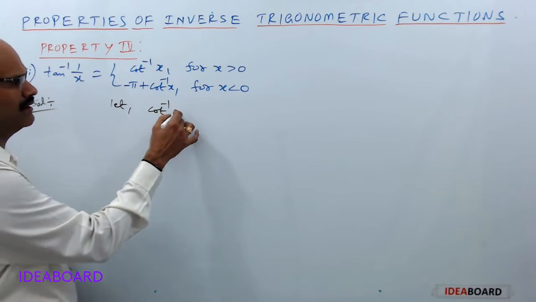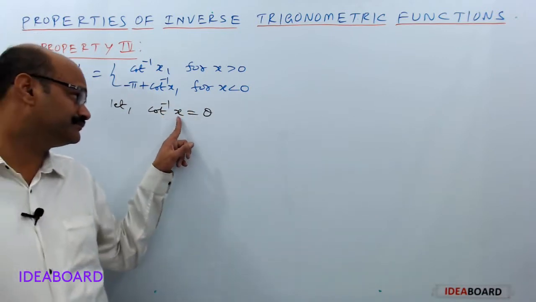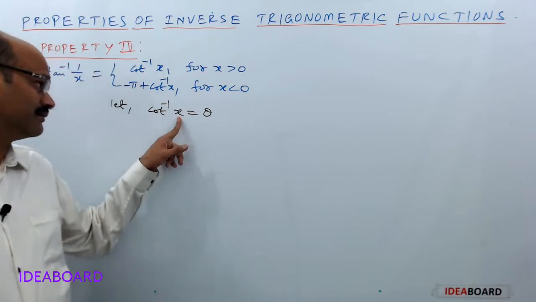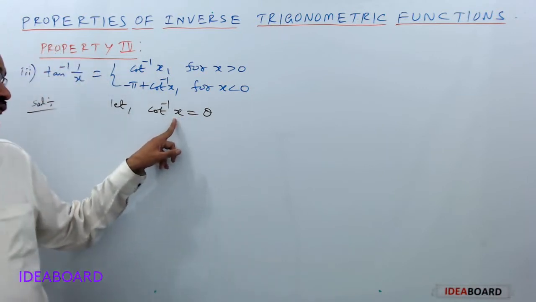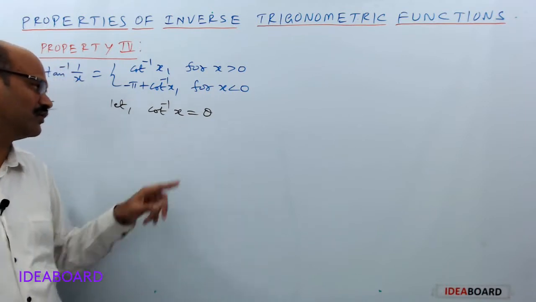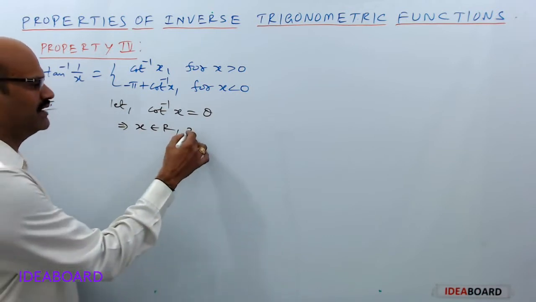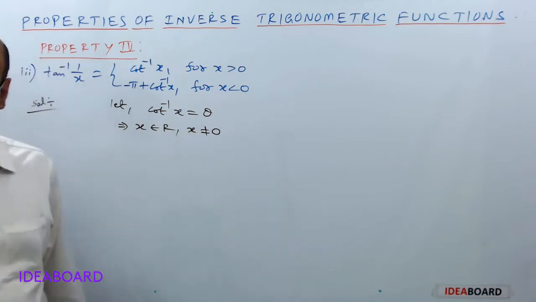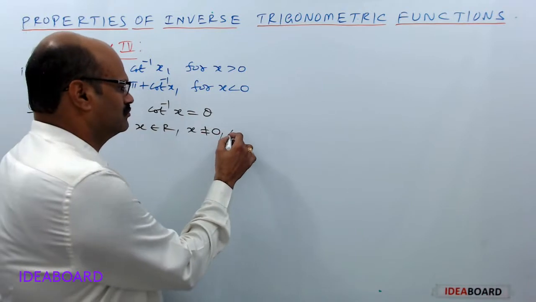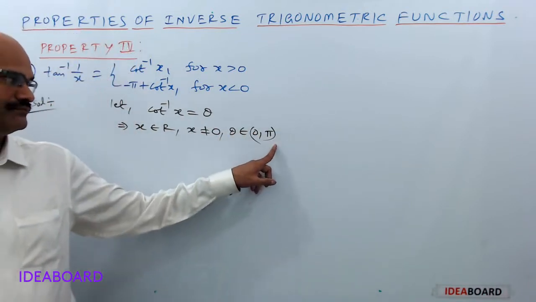Then we know that x belongs to R. The domain is x belongs to R. It implies x belongs to R and x not equal to 0. Also theta belongs to the open interval 0 to pi.